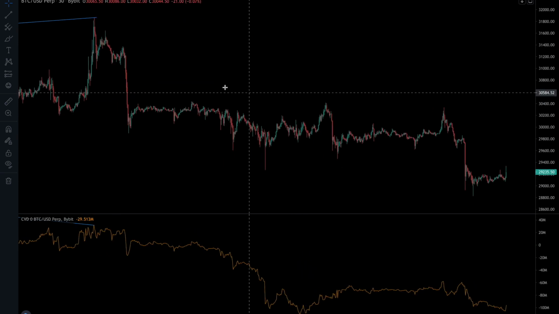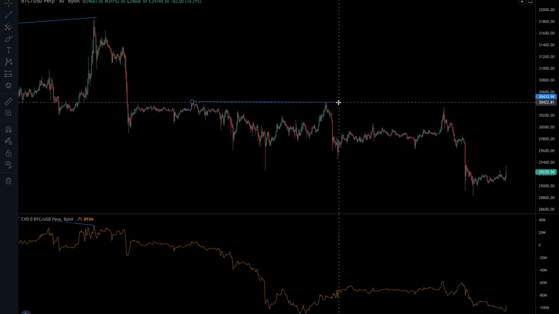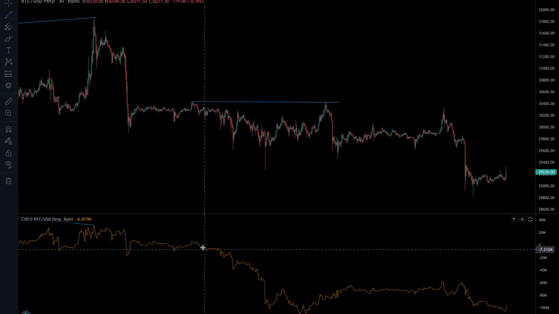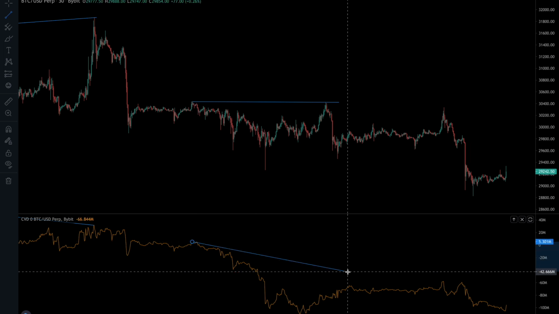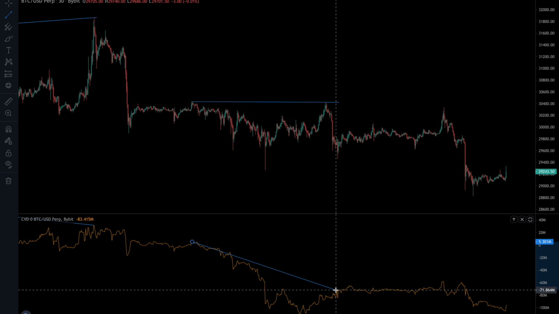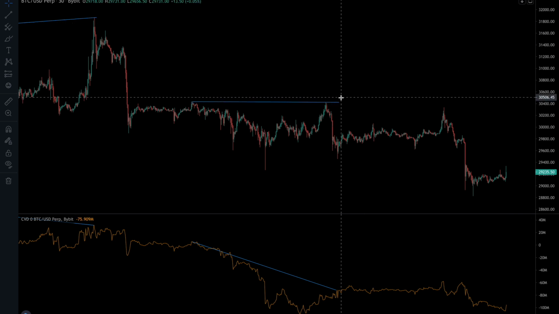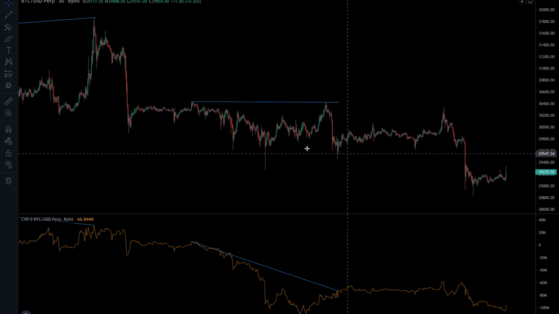Once again, here we have an example of exhaustion, as price is making almost equal highs, whereas CVD is making a significantly lower high, which again would say that there are not enough market participants, not enough market buying volume to push the price higher, so it's more probable that the price will dump.